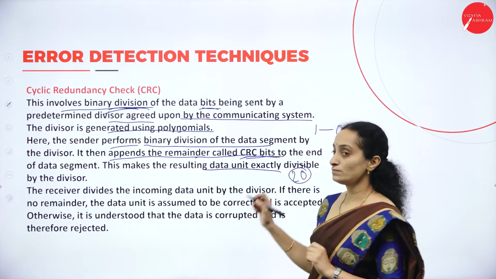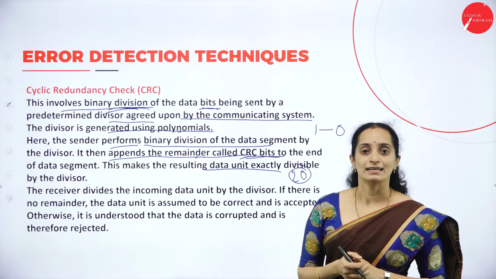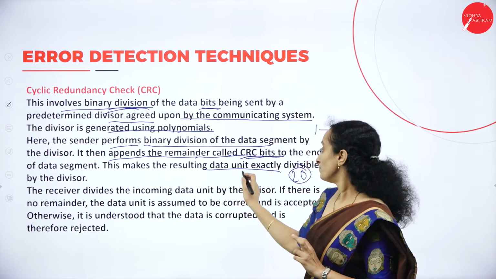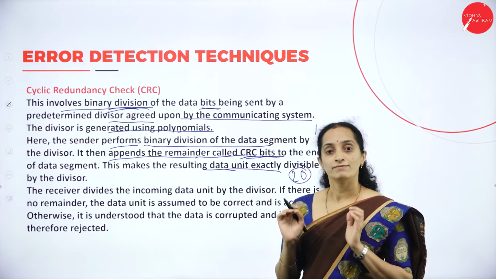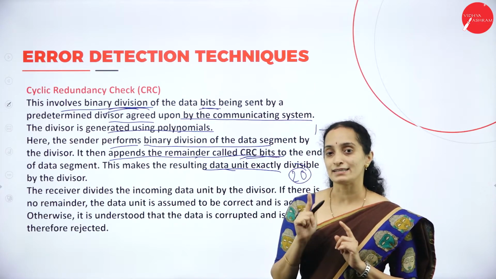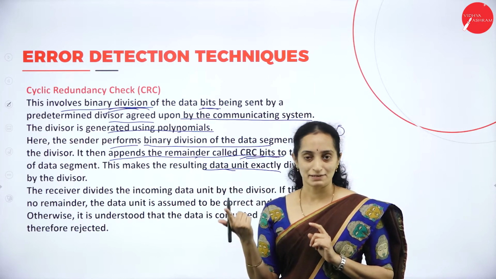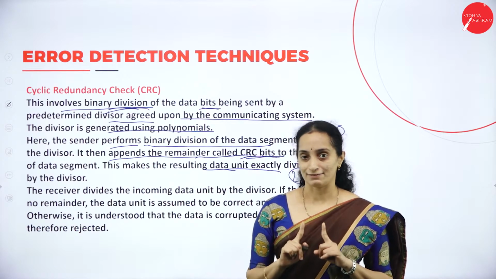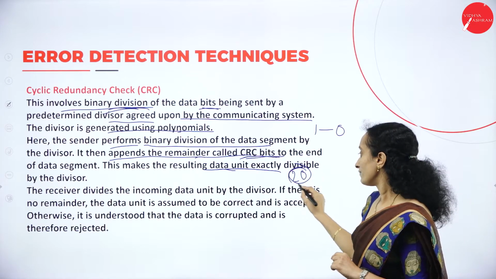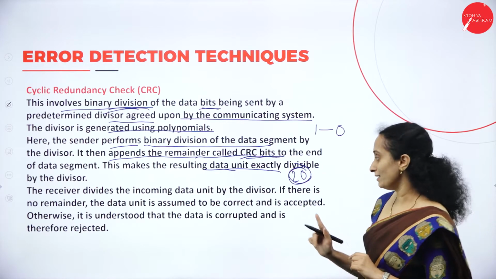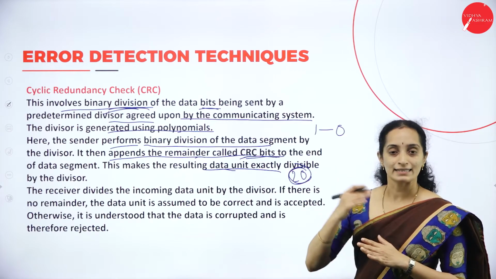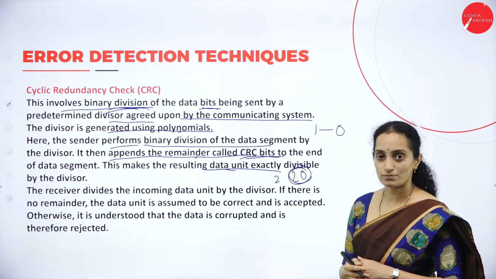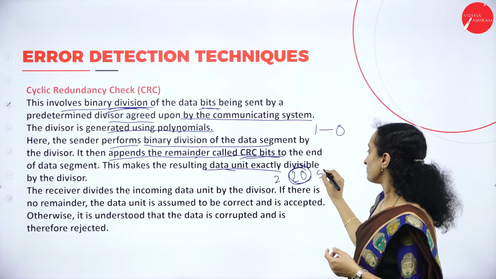The purpose of adding this remainder is to make the resulting data unit exactly divisible by the divisor when it is received by the receiver, because both have agreed on the divisor. For example, with the value 20, the sender and receiver may both agree that the divisor is 2 or 5.